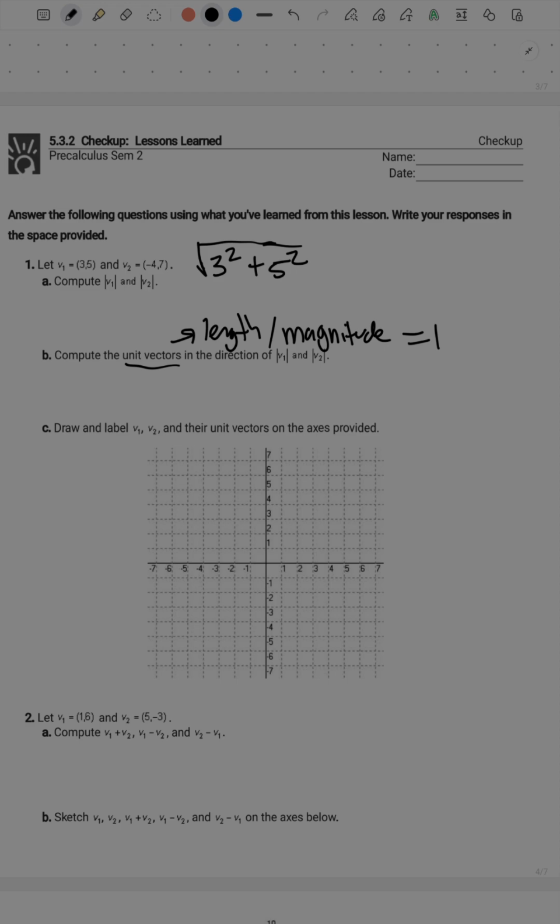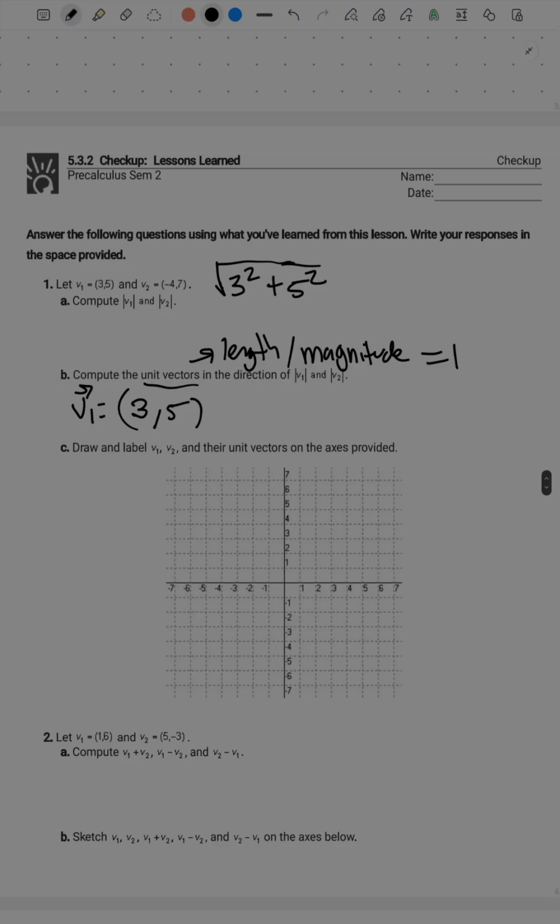And so how you do that typically is you write out the vector, this again is for v1, and then you're going to divide it by its magnitude. So here, what did we say this magnitude was again? So 9 plus 25 is 34. Okay. This is going to be divided by the square root of 34.